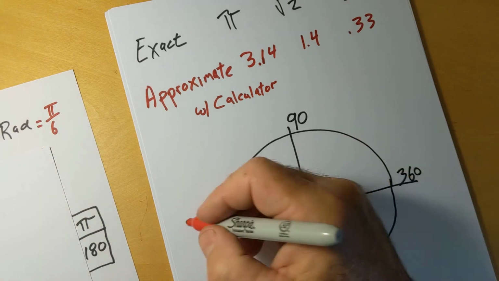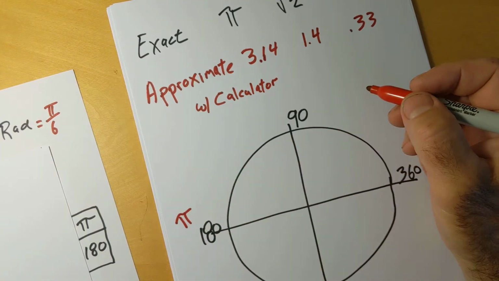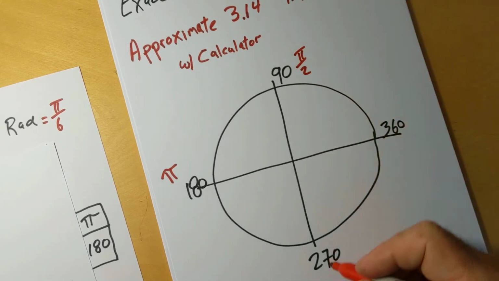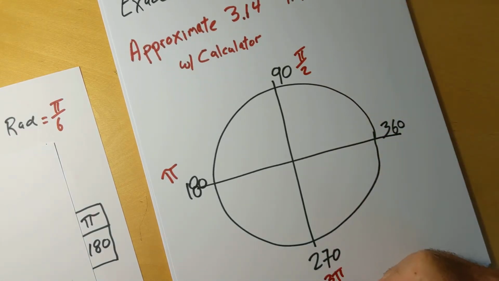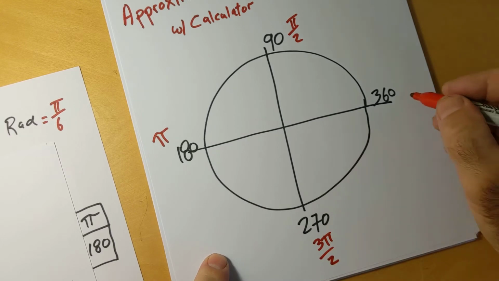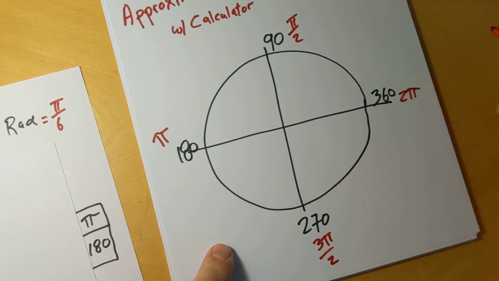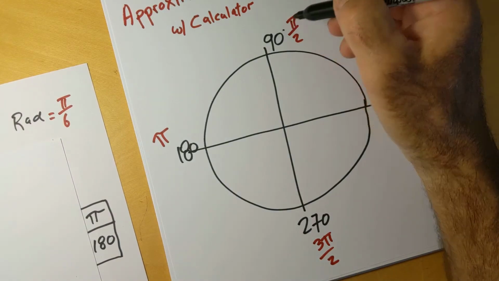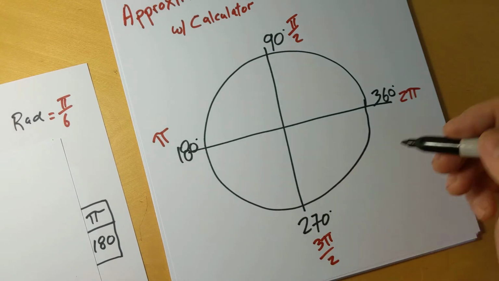This would be pi, this would be pi over 2, this would be 3 pi over 2, and this would be 2 pi. So this is degrees. Oops, I forgot, very importantly, my degree notation. I have to say that these things are degrees.